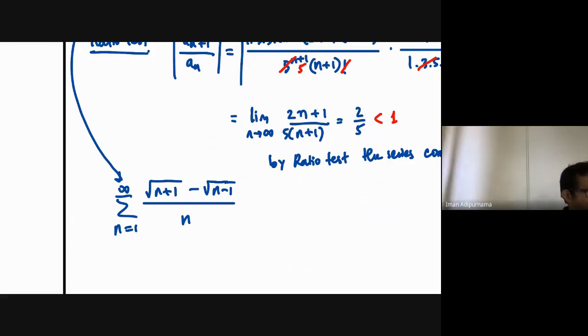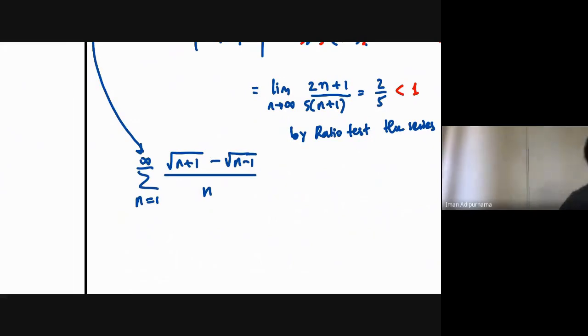Now what you can do now for the last question, anyone solve? Can you solve? Okay.